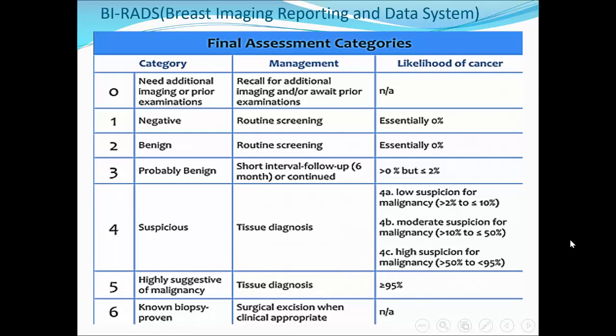But in the new categorization, we can put 3 and take a biopsy if we have very mild suspicion. Highly suggestive of malignancy, we need tissue diagnosis, and this is 95% malignant. If a case has a known biopsy and is on follow-up, then we put it BI-RADS 6.